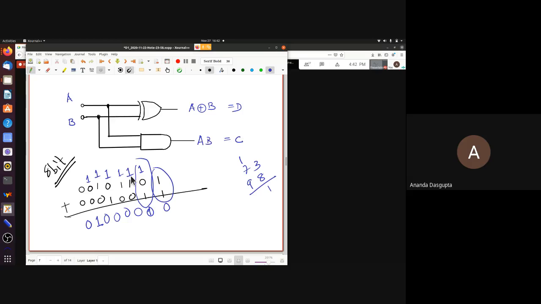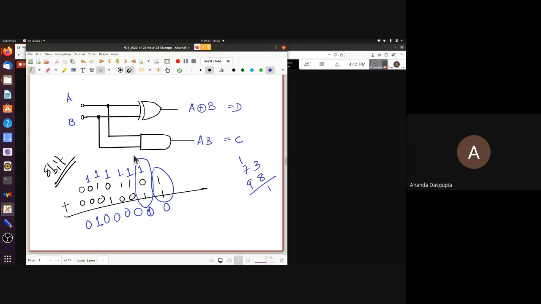Everywhere else, you're actually adding 3 bits: the 2 bits coming from the 2 numbers that you want to add, and another bit which comes from the carry of the previous step. Now that carry could be 0, but even then, when you make a circuit to add, you cannot have one circuit for when carry is 0 and another circuit for when carry is 1. So even if the carry is 0, you have to be able to add it.